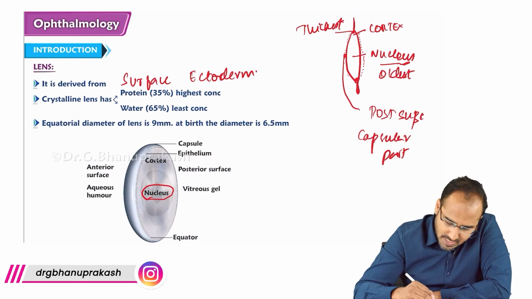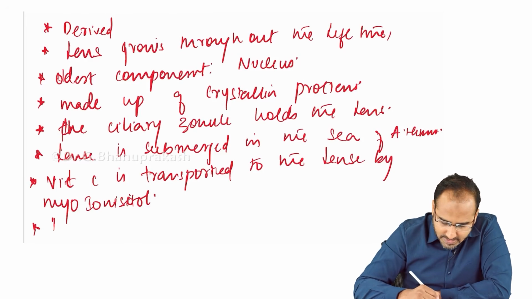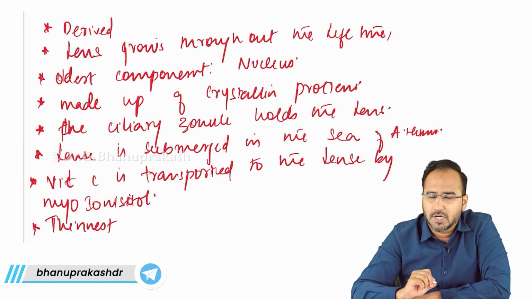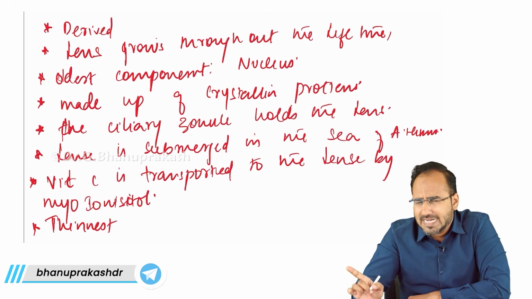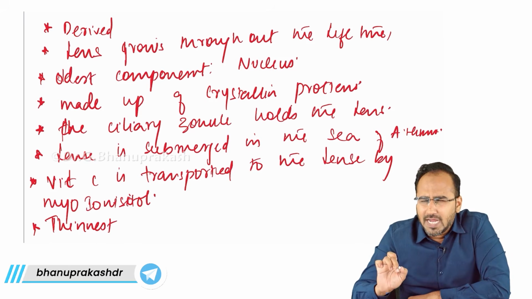The lens is covered by a capsule on each side, right? Which is the thinnest part of the lens? Again, very important, guys. Thinnest parts are very important. Thinnest part of the cornea is the center part. Thinnest part of the sclera is where the rectus muscle is attached.